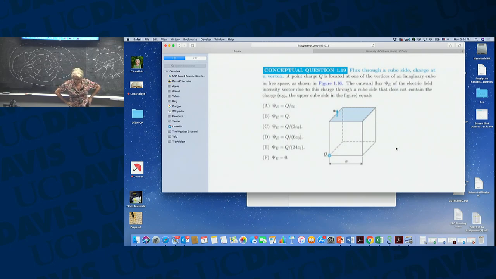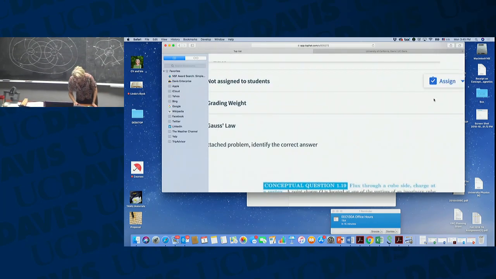Okay? So you need to identify which one is the correct one. And then you will have about 5 minutes. Okay, so I'll assign it now, and you can go.